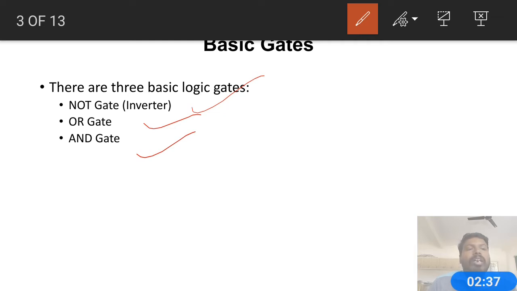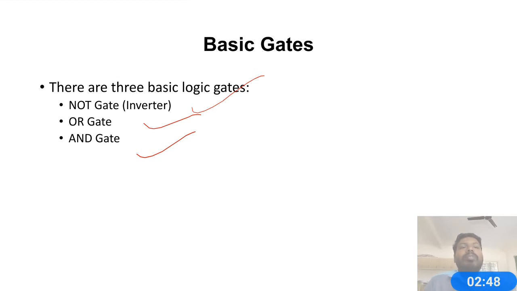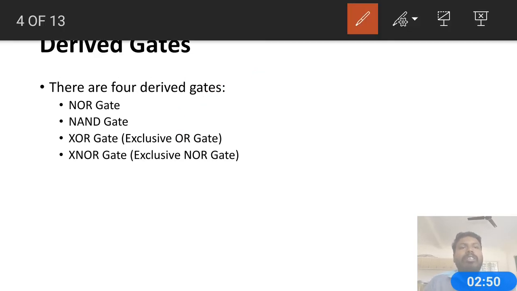Dear students, the three basic gates we studied very clearly in a previous class lecture. Now we are going to study derived gates. Dear students, what is a derived gate? A derived gate is nothing but a gate derived from basic gates.